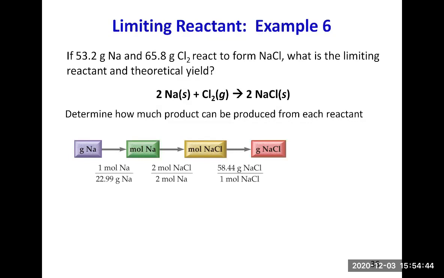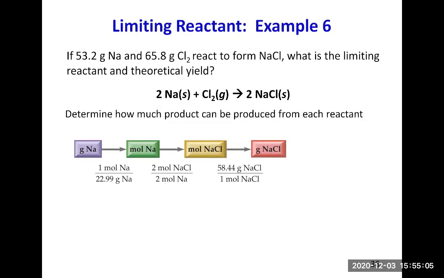For this, we use the molar mass. Remember, the molar mass is never provided to you. You have to find it in the periodic table, so always have a periodic table available. By using the molar mass of sodium, you will change the grams of sodium to moles of sodium.